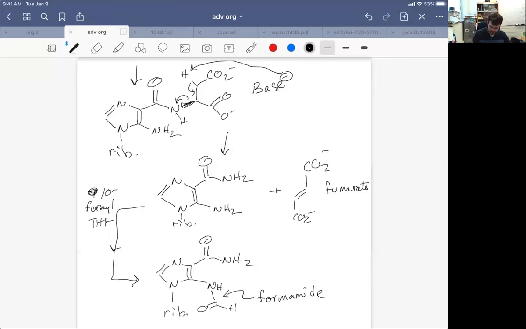Now, all we have to do is form a Schiff base, or an imine, from this nitrogen to this carbon. If we count out how far away those are, 1, 2, 3, 4, 5, 6 atoms away, so they'd actually form a Schiff base across a 6-membered ring.